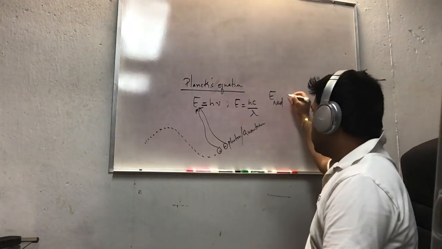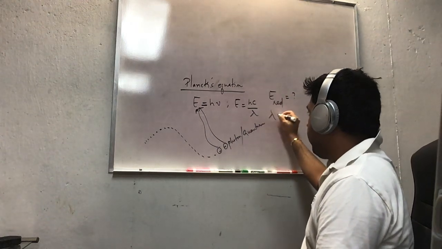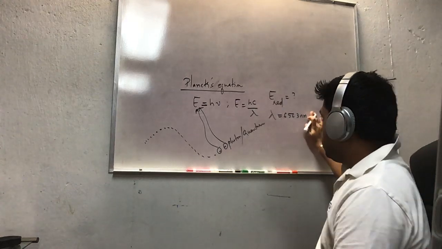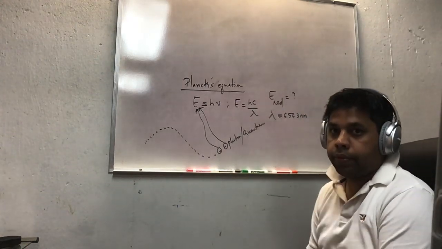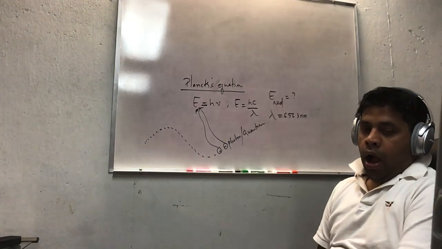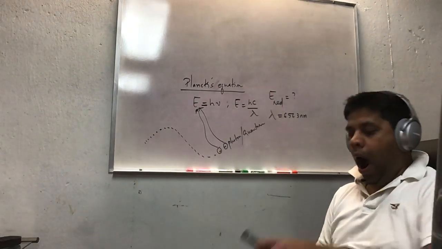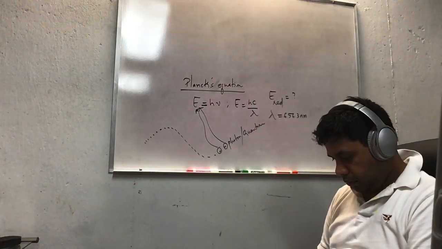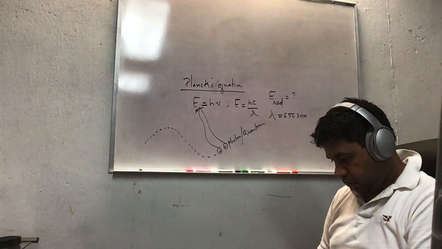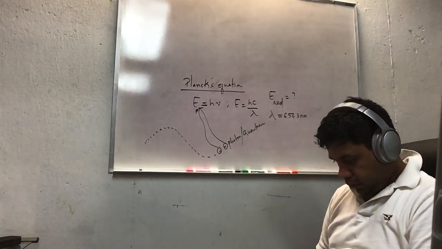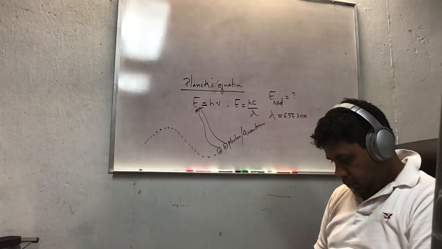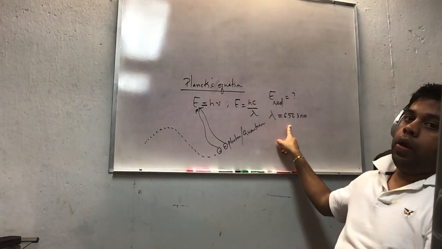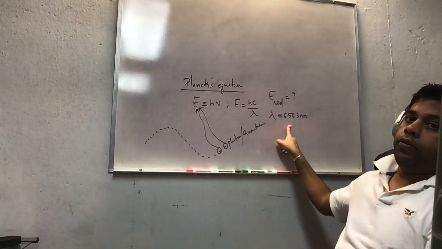Find the energy of the red light, which has a wavelength of 656.3 nanometers. You have to find the energy of the red light.